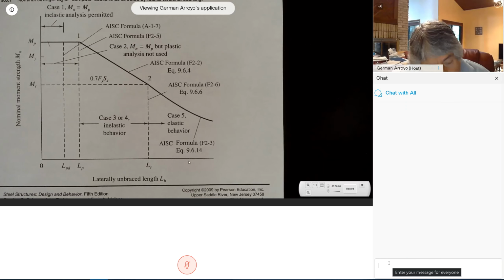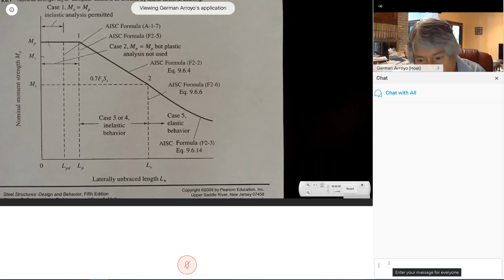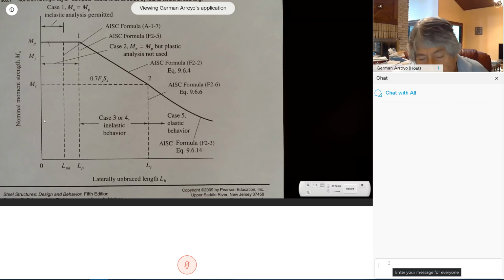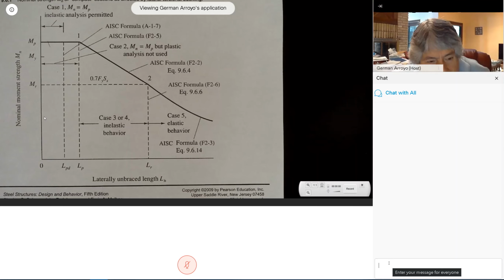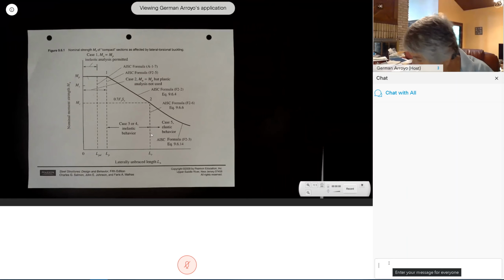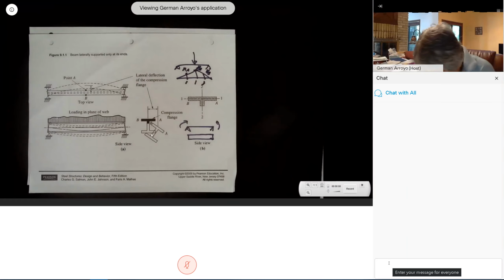If I'm in here, this is my nominal strength. If I'm in here, this is my nominal strength. If my unbraced length falls in here, this is my nominal strength. So remember, this has already been plotted for you in the code. So it's very simple. If I have my unbraced length, I go up and I find what is the nominal strength, my design capacity. Now I go to chapter 3 again.